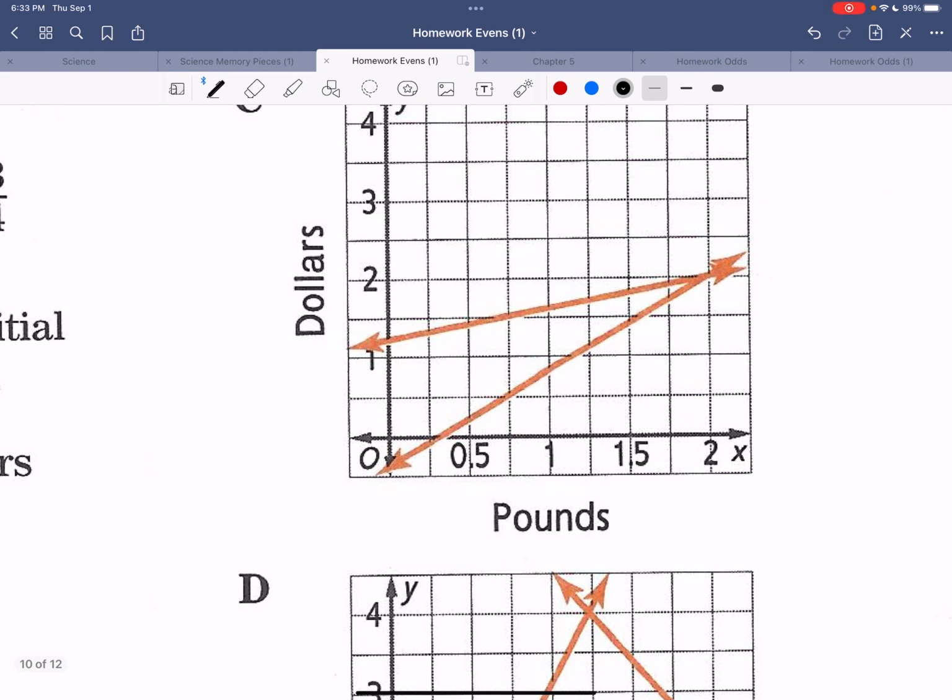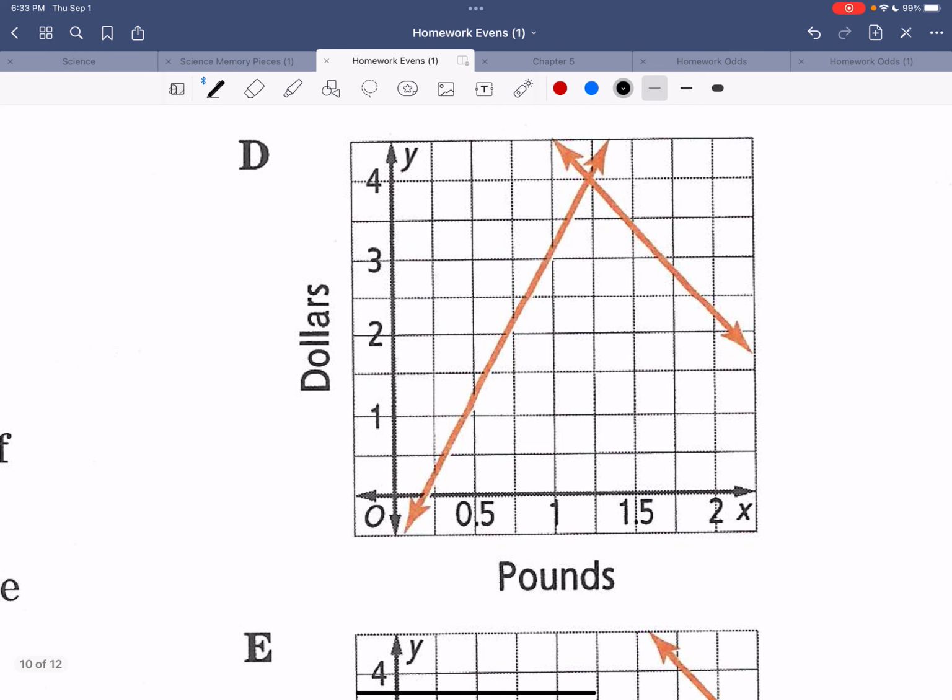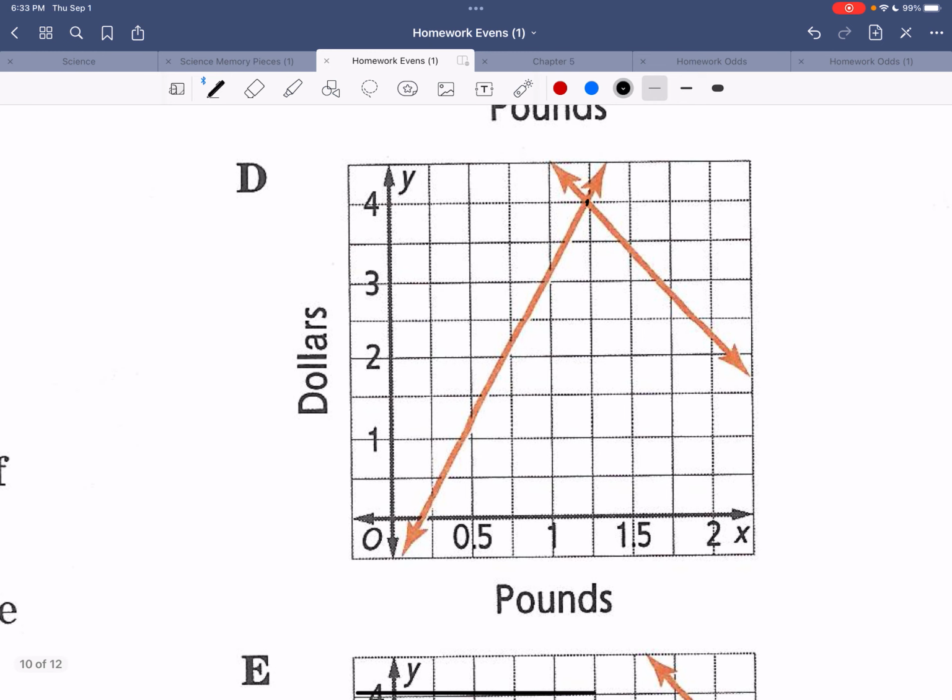This one is saying that 1.75, so 1 3/4 pounds, costs $2. We can rule that one out. That's the wrong point. So that's not it. Look at this one. There's the intersection. And this is saying that just under 1 1/4 pounds is $4.